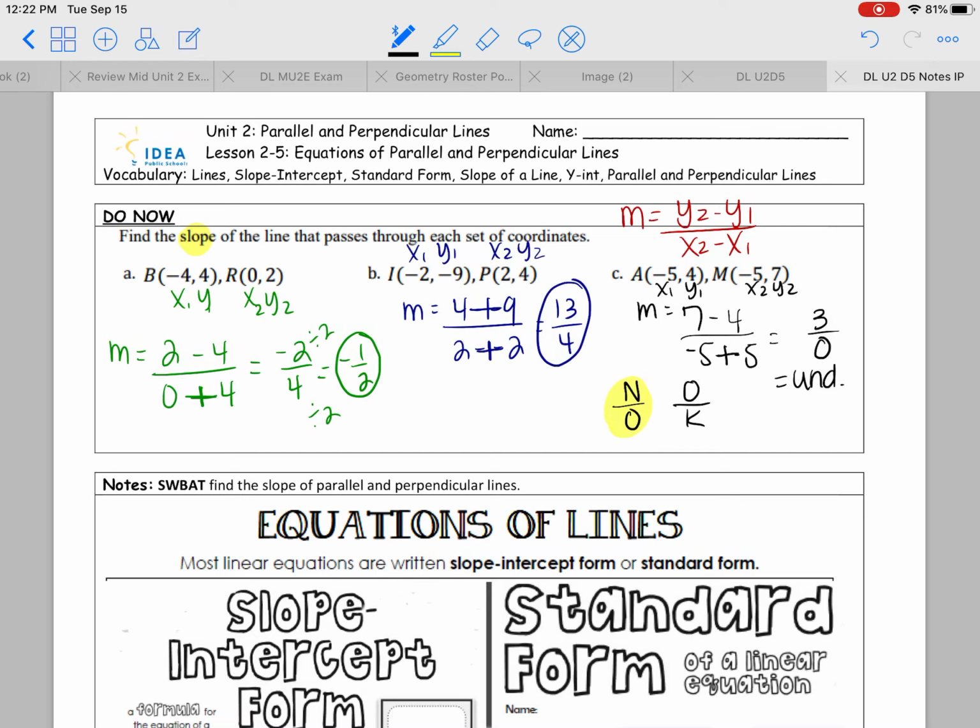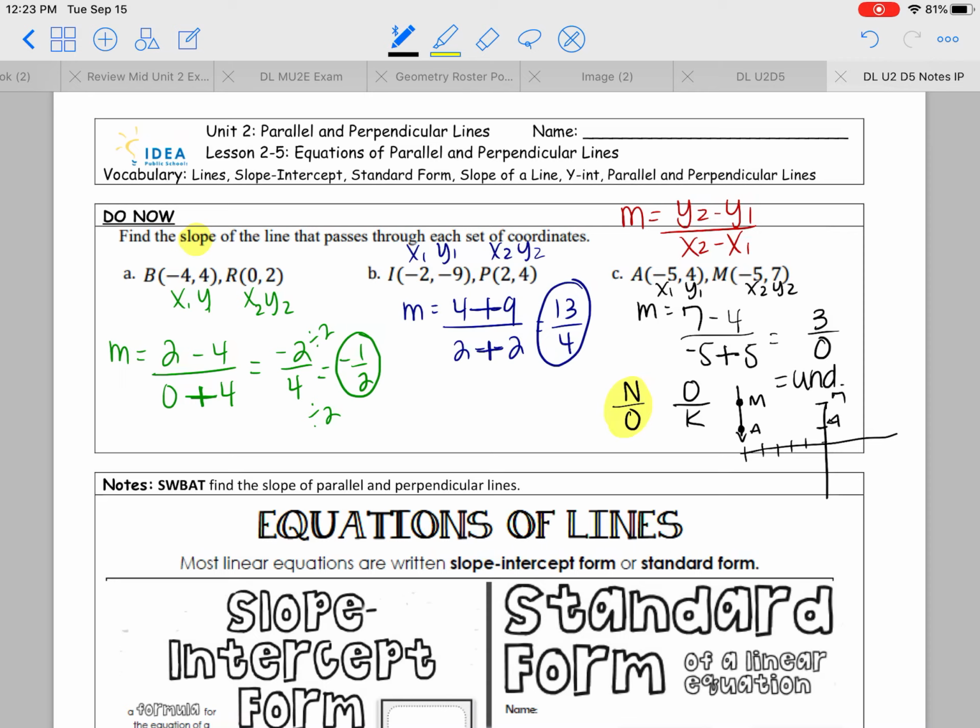And it makes perfect sense, because if you were to plot these points on the graph, 1, 2, 3, 4, 5, and then let's pretend this is 4 and this is 7. When you plot the points, A is negative 5, 4, and M is negative 5, 7.